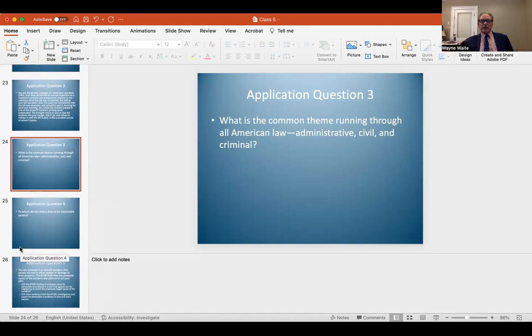What's the common theme running through all American law, civil, administrative, and criminal? That's a good question. There are a lot of them. I'm not exactly sure what they're expecting for that, but I think it is compensation: that the law protects property rights and makes sure they are not wrongfully taken without due process of law, and that there is an appropriate remedy when rights are violated.